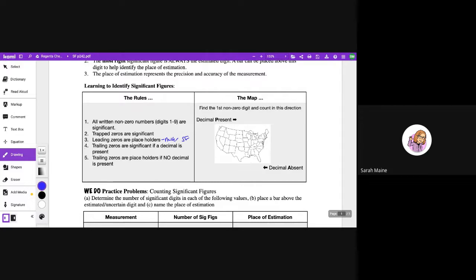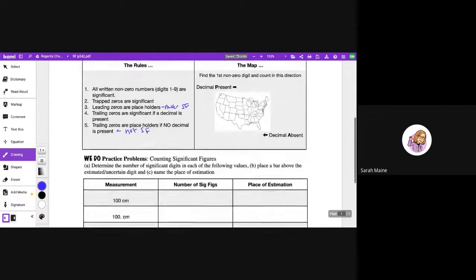So trailing zeros can be significant. They are significant if a decimal point is actually written in the number, whereas trailing zeros are placeholders if there's no decimal point written. So that means if they're placeholders, then they are not part of the significant figure count.